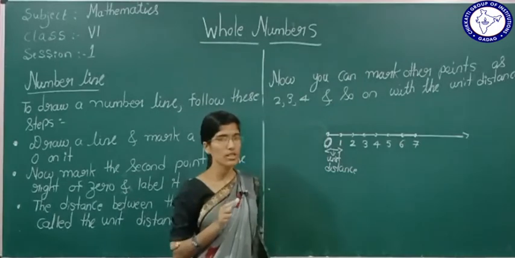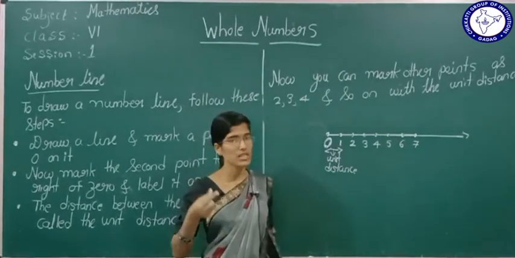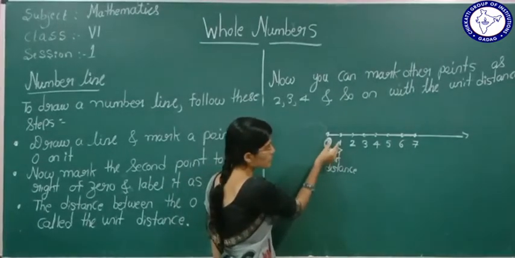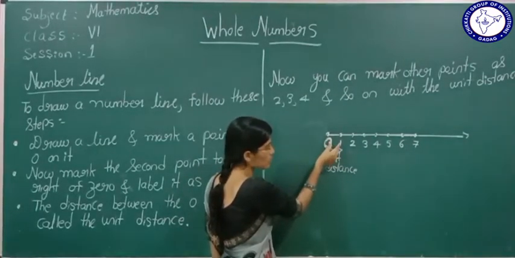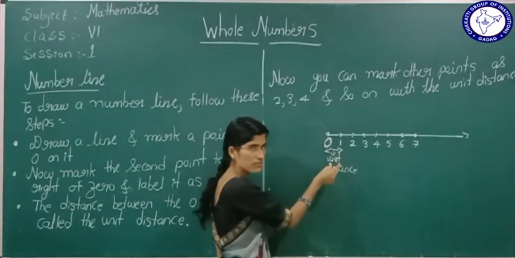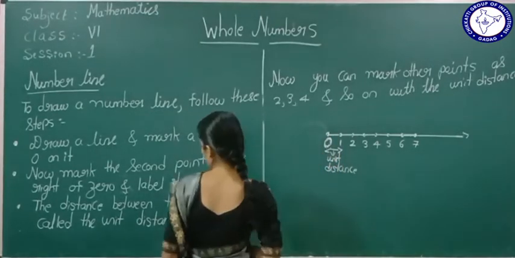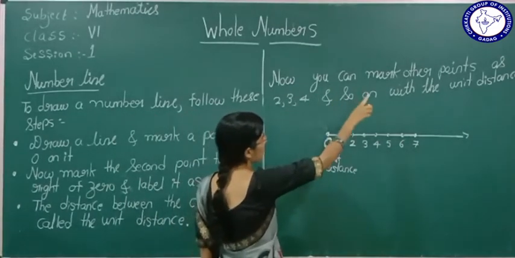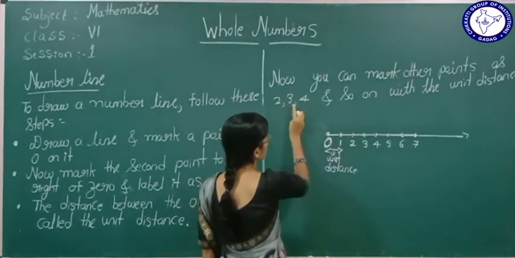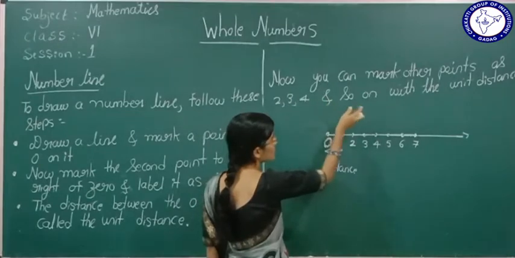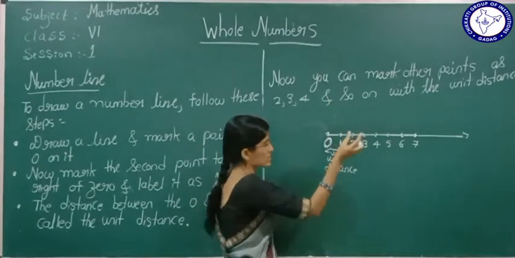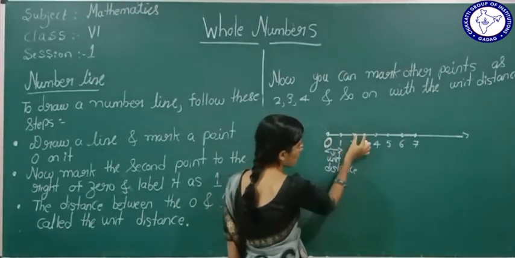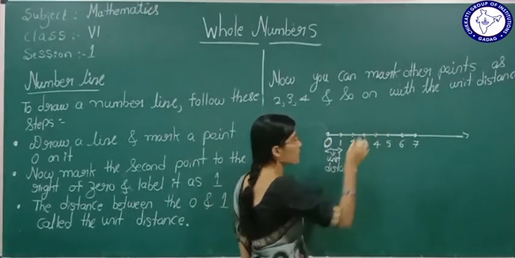The second point is 1. Whatever distance we take, this is called the unit distance. Now you can mark other points as 2, 3, 4 and so on with the unit distance, maintaining the same distance and going on marking.